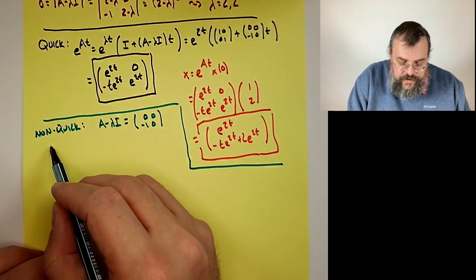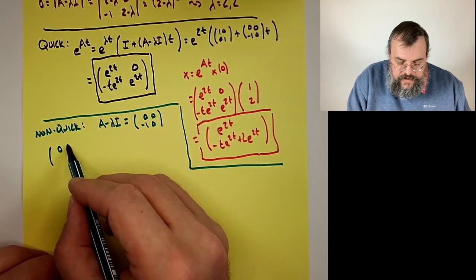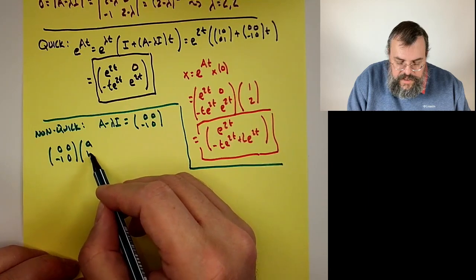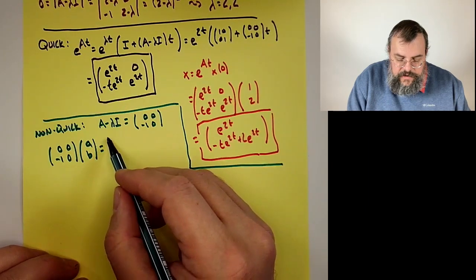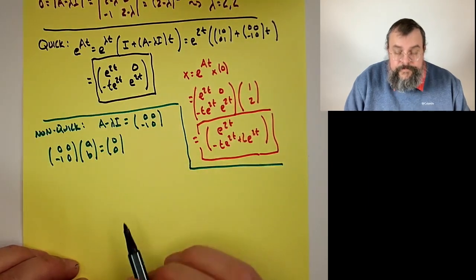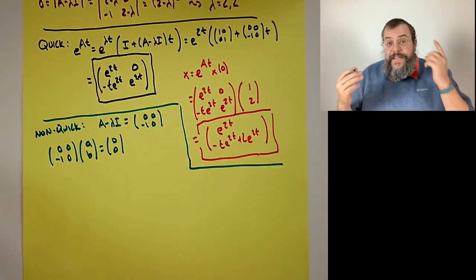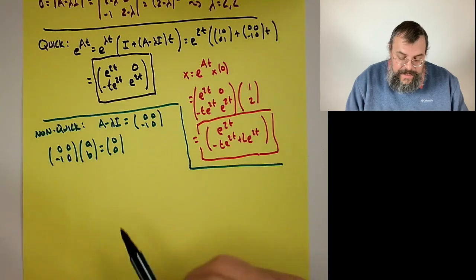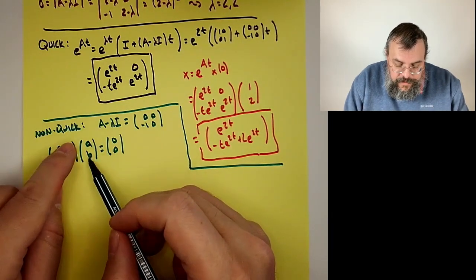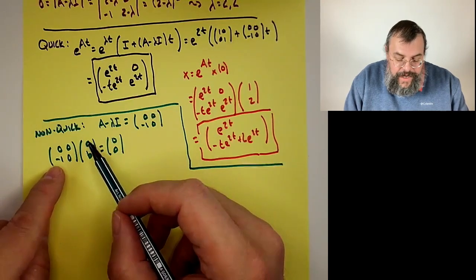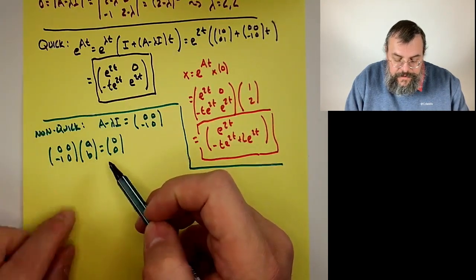And we're going to go through 2 rounds. In the first round, we have 0, 0, minus 1, 0 times some vector a, b, and we want to get out 0, 0. We have to find a vector that does that, which is going to be an eigenvector. Now, what does this say? It says 0 plus 0 equals 0, well, that's true. Minus a plus 0 equals 0.